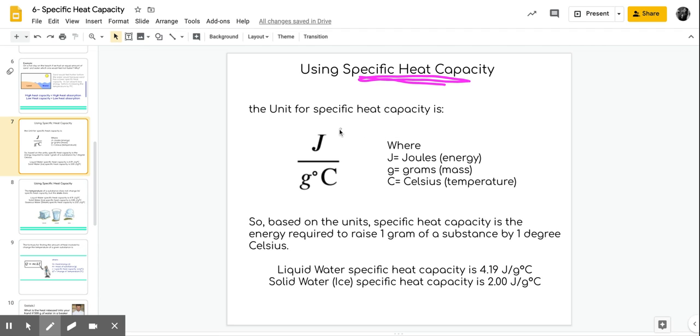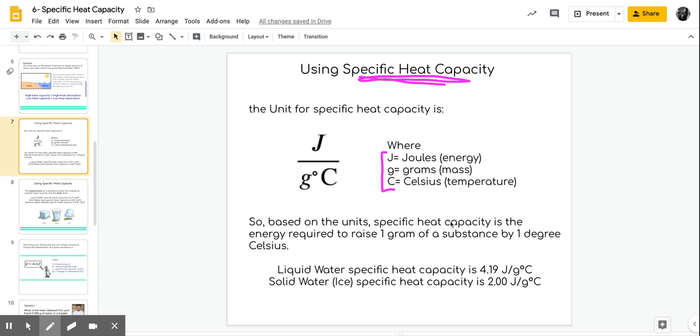The unit for specific heat capacity is joules, which is energy, divided by grams, which is your mass, and Celsius, which is your temperature, which means all three of these things right here, energy, mass, temperature, are involved in calculating and figuring out the specific heat capacity.